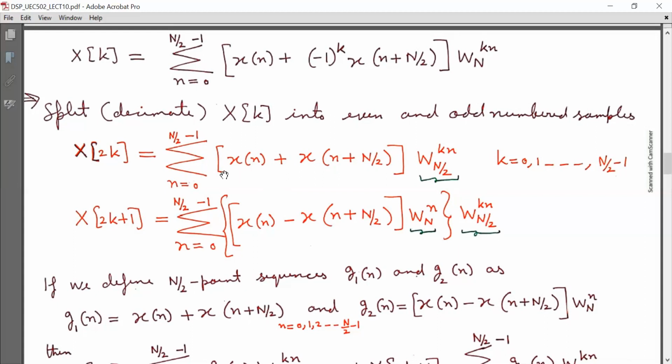Now, these two terms in brackets, in this summation and this summation, they are going to contribute towards the basic butterfly.